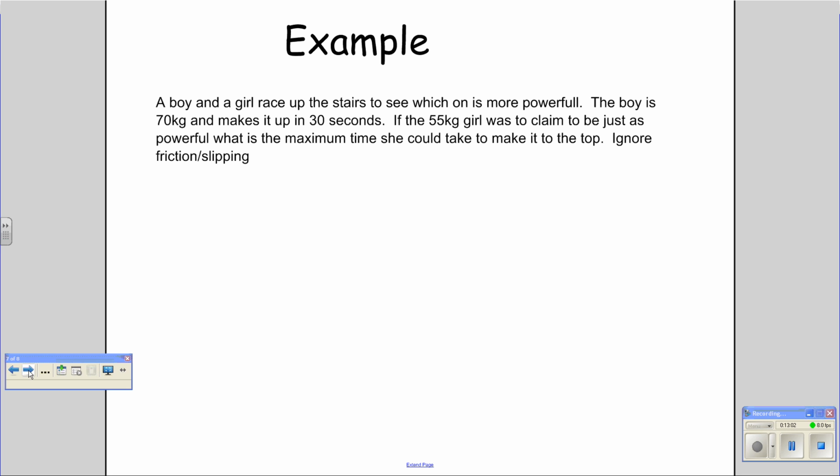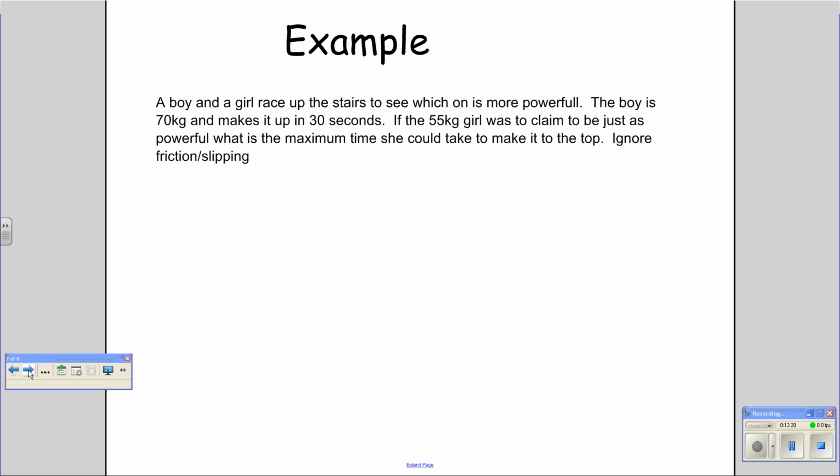For example, a girl and boy race up the stairs to see which one is more powerful. The boy is 70 kilograms and makes it up in 30 seconds. If the girl is 55 kilograms, let me see. If the 55 kilogram girl was to claim to be just as powerful, what is the maximum time she should take?